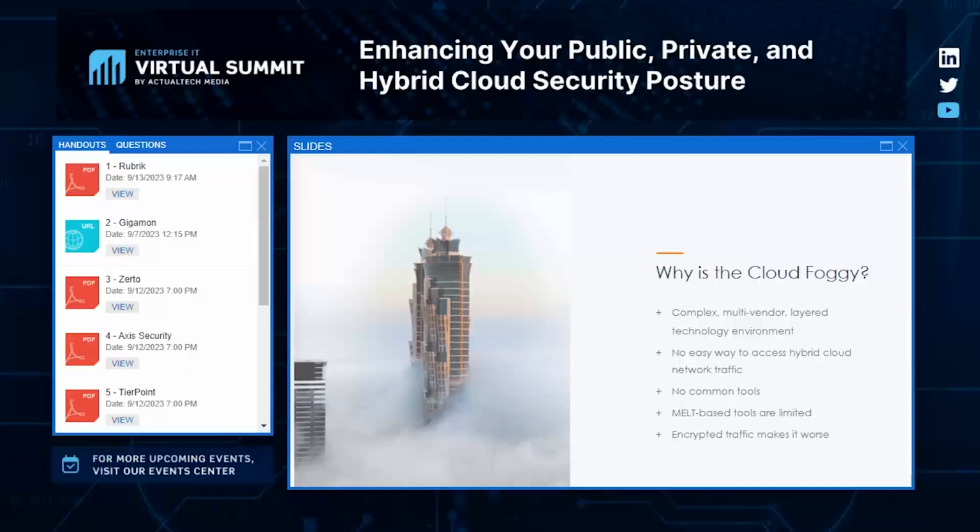The reason cloud is foggy is because there is no single cloud, as we all know. It's always about multi-cloud. 100% of our customers have a cloud-first strategy, or at least very close to 100%. 100% of them have a preferred cloud, but at the end of the day they end up in a multi-cloud situation, with on-prem private clouds, public clouds, and so on, through acquisitions and through developer preferences for one platform over another.